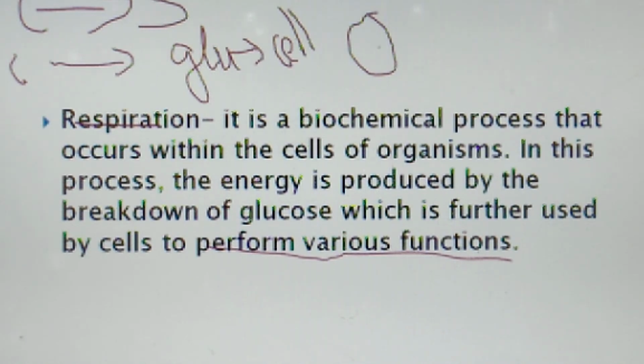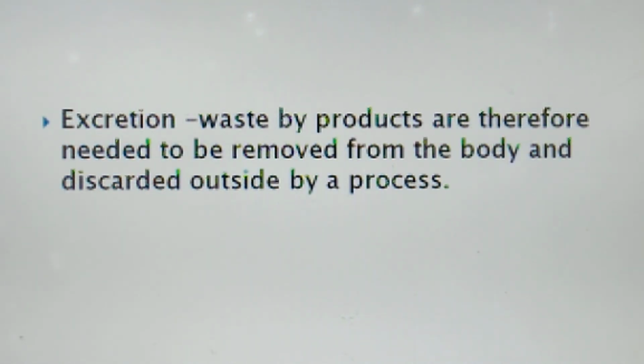From this glucose we have to get the energy for the functions of the cell. So the glucose has to be broken down with the help of oxygen. That process we call respiration. The breakdown of glucose by the cell for the various functions is called respiration.